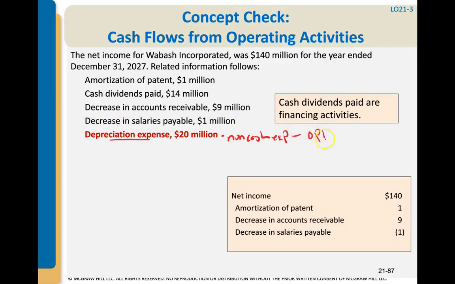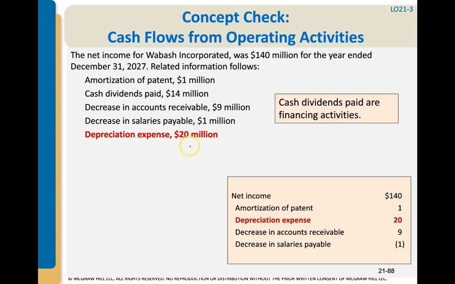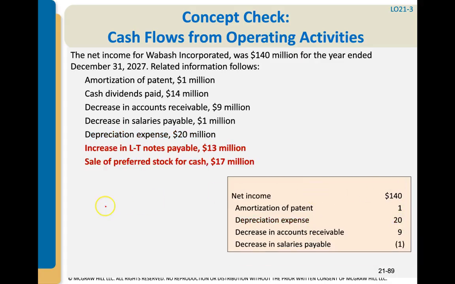And we're told we go the opposite direction for depreciation expense. Expense is reducing the income, so we're going to do the opposite way and increase our net income for cash purposes. So depreciation expense is +20.